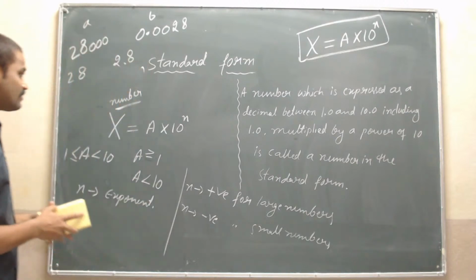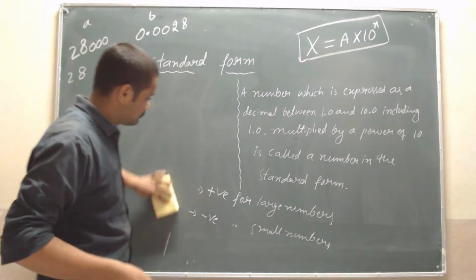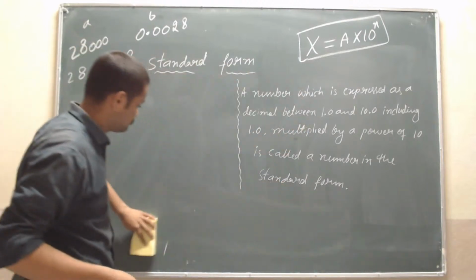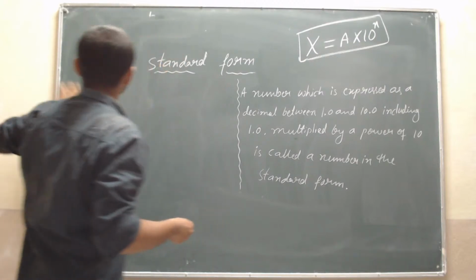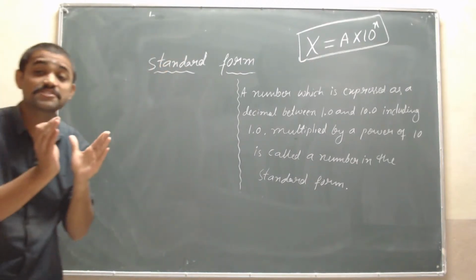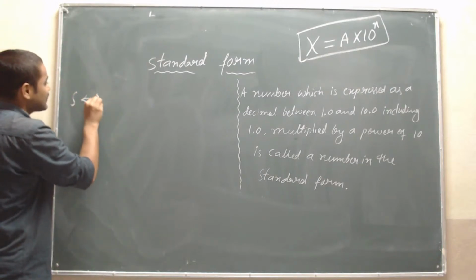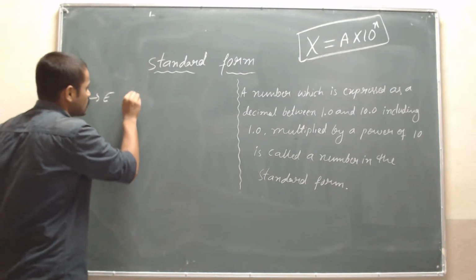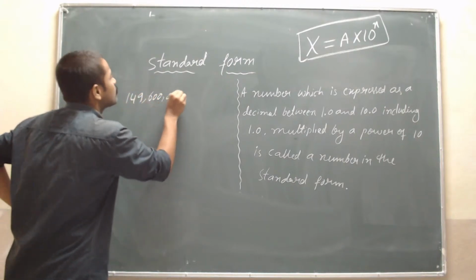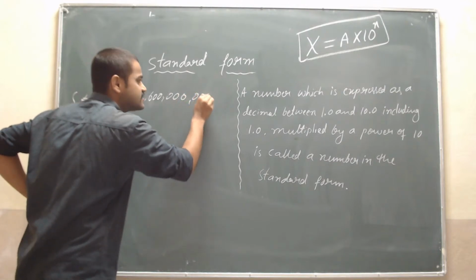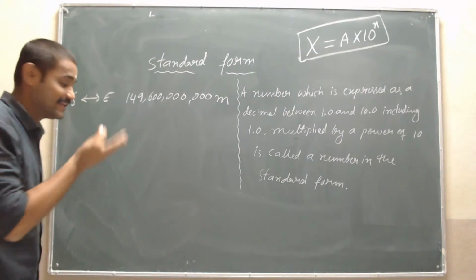Okay, students, I will write some more examples here. The distance between the sun and the earth is 149600000 meters.